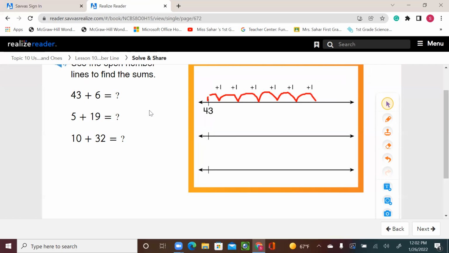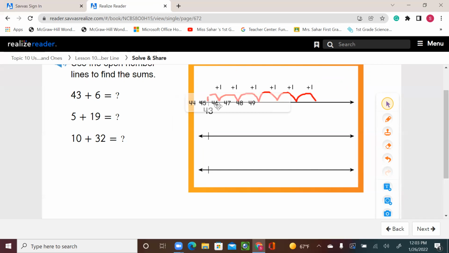All right, so 43 plus 1, that's 44. 44 plus 1, 45. 45 plus 1, 46. 46 plus 1, 47. 47 plus 1, 48. 48 plus 1, 49.